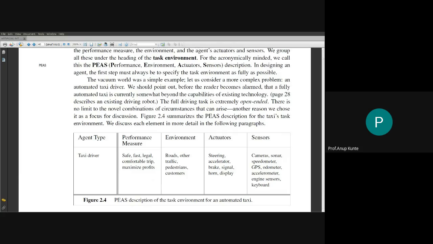Further, if the task environment is multi-agent, it could be multi-agent cooperative or multi-agent competitive. The third dimension along which environment properties are studied is the deterministic or stochastic nature of the task environment.